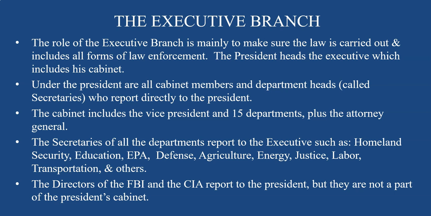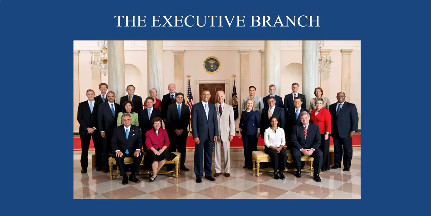The secretaries of all the departments report to the executive, such as Homeland Security, Education, EPA, Defense, Agriculture, Energy, Justice, Labor, Transportation, and others. The directors of the FBI and the CIA also report to the president, but they are not part of the president's cabinet.